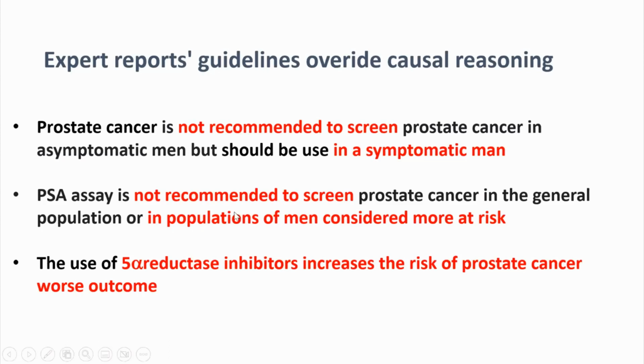The second is no recommendation of PSA screening for men at high risk of the disease, such as patients with a family history of prostate cancer. And the third one is limitation and warning for the use of treatment of benign prostatic hyperplasia in terms of prostate cancer, saying that this drug can increase the risk of aggressive prostate cancer.